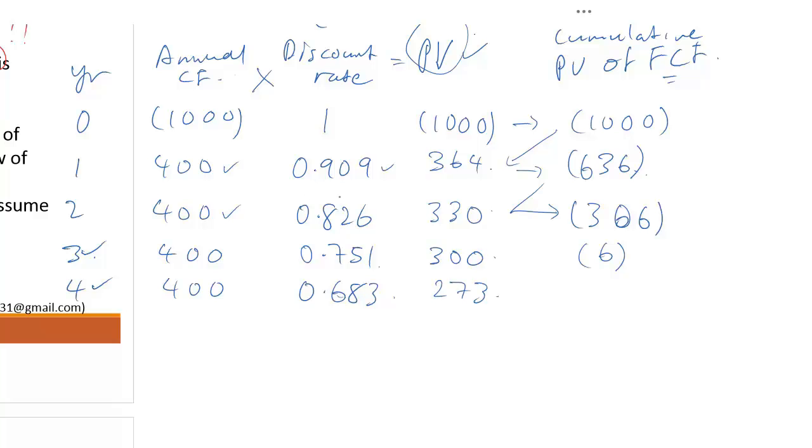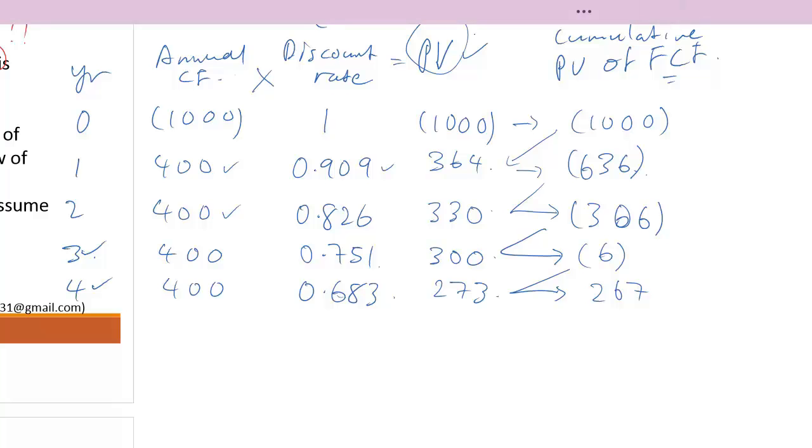Now given that you have 273 in year 4 of present value of the cash flows, then the cumulative present value of future cash flows by year 4 would end up becoming positive. Now how do I know that? It's quite straightforward. Watch. Negative 6 plus 273 should get you positive 267.